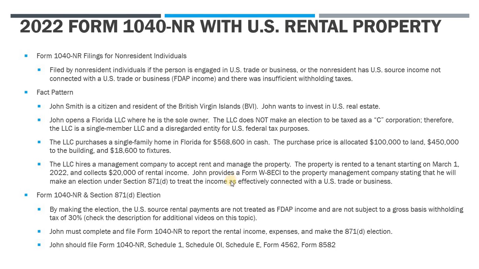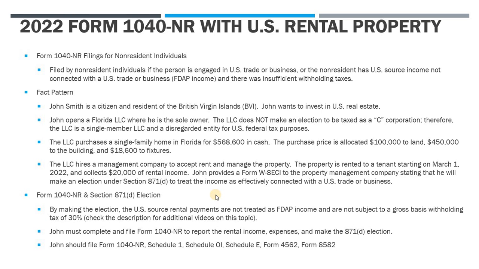Now, John provided a Form W-8 ECI to the management company, stating that he's going to be treating this as effectively connected income. He's going to be making this 871D election. And so what that means is that now the U.S. source rents are not subject to a gross basis withholding tax. Remember, rents are kind of by default treated as U.S. source FDAP income.